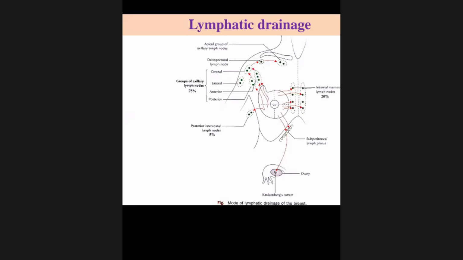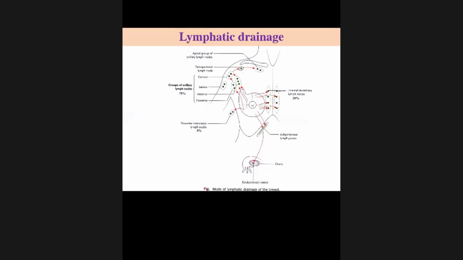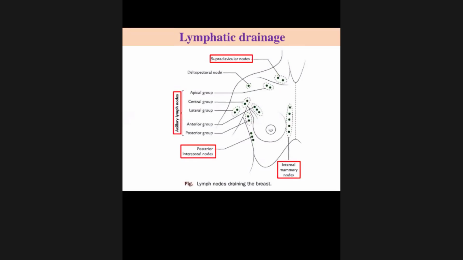So 75% of the lymph is drained by the axillary group of lymph nodes. Next to the axillary lymph nodes, the major lymph nodes are the internal mammary lymph nodes, which drain 20%, and the remaining 5% is by the posterior intercostal lymph nodes. The axillary lymph nodes ultimately drain into where?